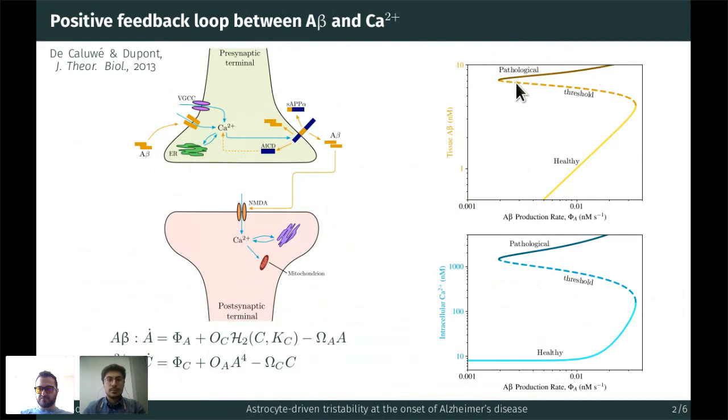And what does it mean to have bistability here? It means that even if, for example, let's assume we start from the higher branch, we can still push back our system into a healthy condition. And so you understand the translational relevance of having bistability in this system.